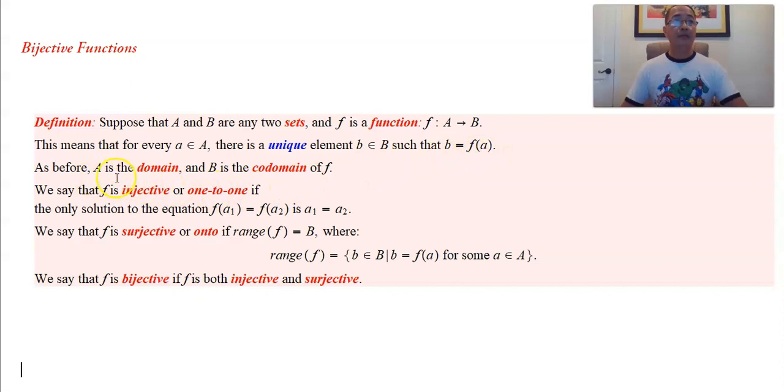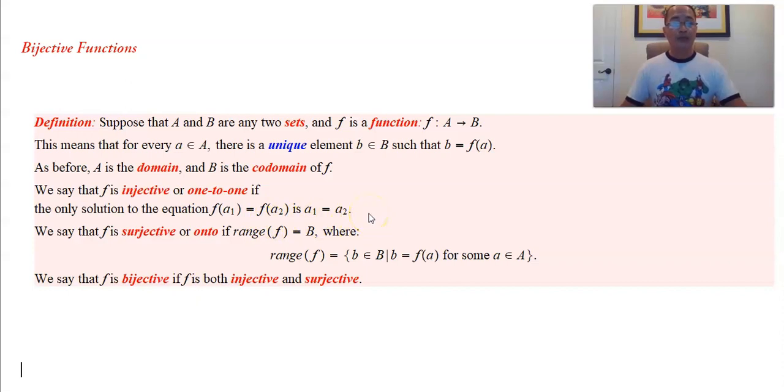So again, A is the domain of our function, and B is the codomain of our function, just as we defined them for linear transformations. We will say that f is injective or one-to-one if the only solution to the equation f of a1 equals f of a2 is a1 equal to a2.